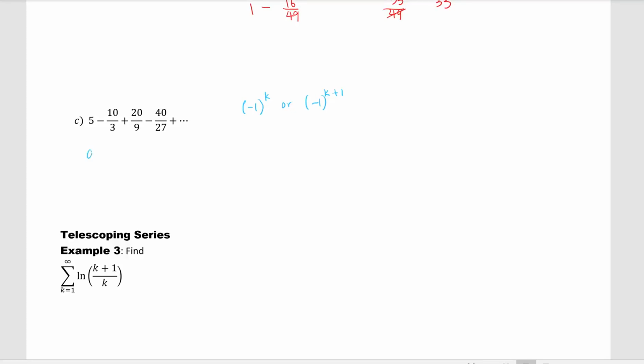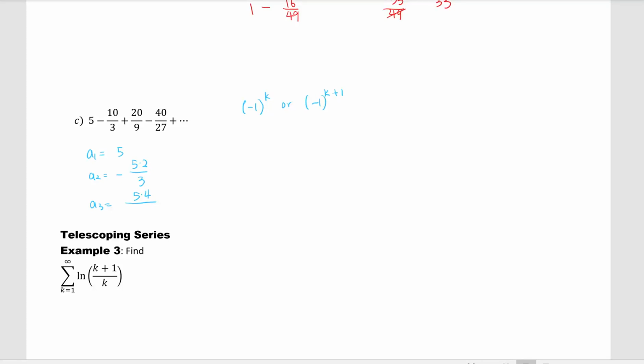Okay? And you can see we have numerators and denominators. So the first one, let's say A1. So A1 is positive, it's positive 5. A2 is negative. And negative, what's the 10? Well, 10 is like 5 times 2, right? And the bottom is like 3. A3 is positive, but 20. What is 20? 20 is like 4 times 5, right?